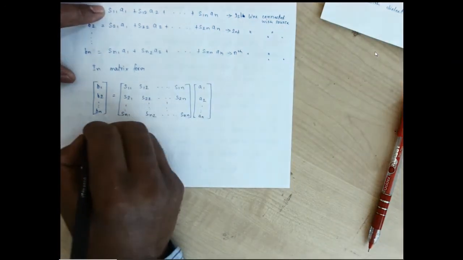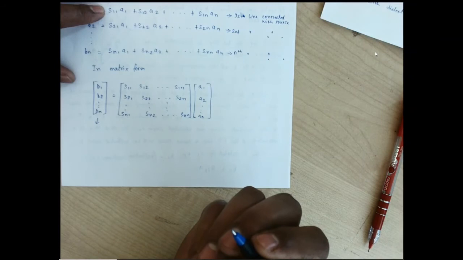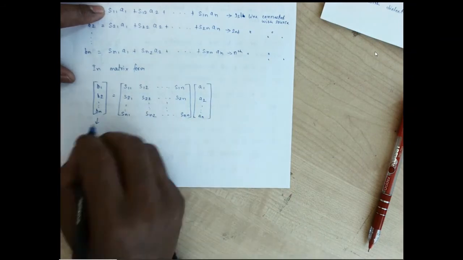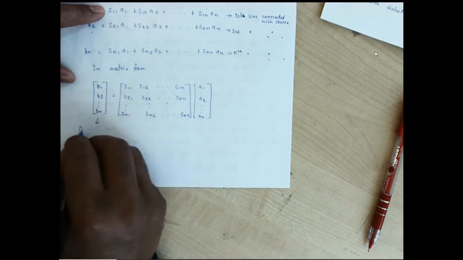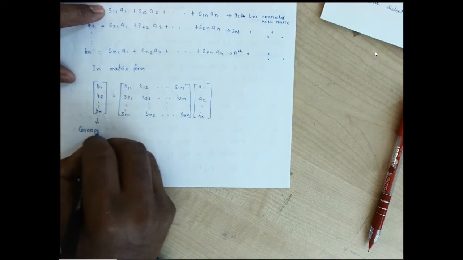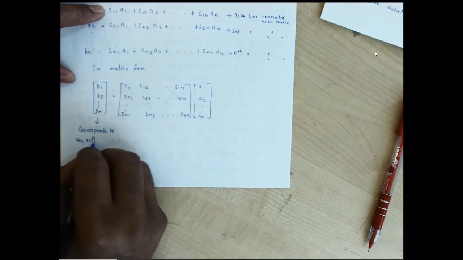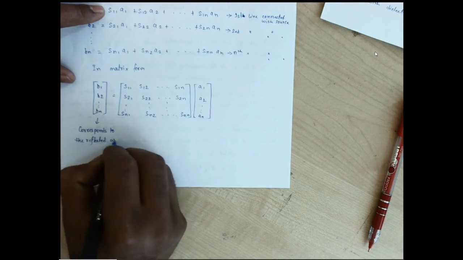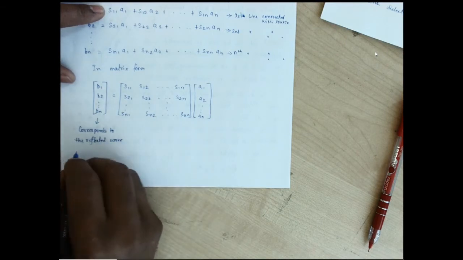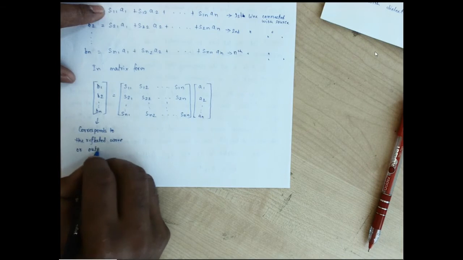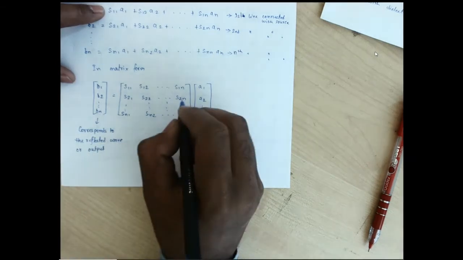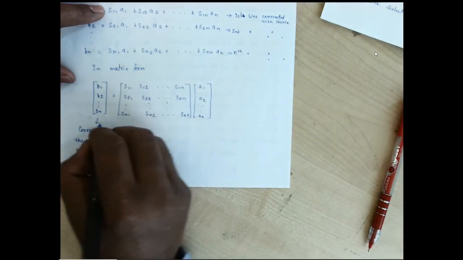This column matrix corresponds to the reflected wave, or output. This is known as the scattering matrix.